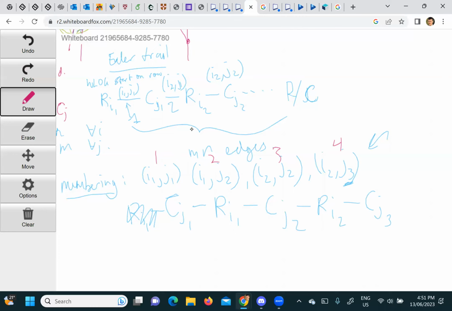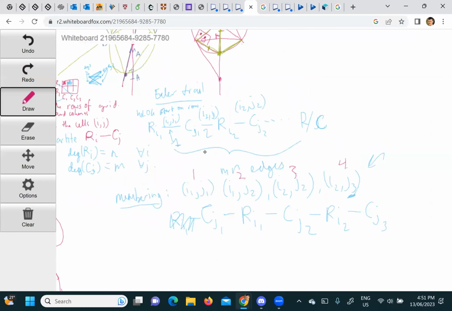So not only are these functions, they're inverses of each other. So that's literally what a bijection is. Does that make sense? So basically, the numberings are exactly the same as Euler trails. So you just need to know what m and n give you Euler trails, right?